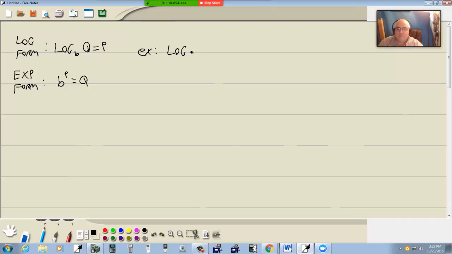Let's say I have this problem, and we want to put that into exponential form. Well, we first have to identify all of our variables. Now what the b represents, that's got a name, it's called the base. It represents usually a number that follows your log that's smaller than set down. So in this problem, our b would be 3.